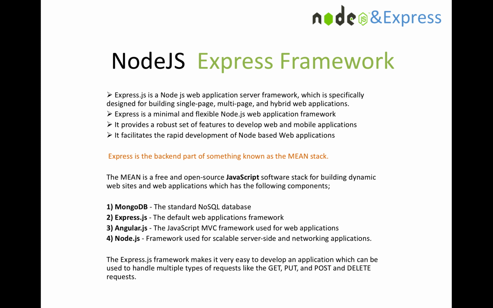So we can easily develop web applications with the Node.js Express framework. It is basically used for building RESTful APIs, and Express is a very powerful web application server framework for Node.js.